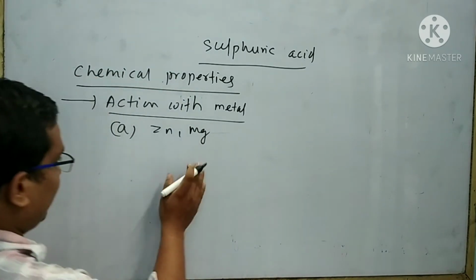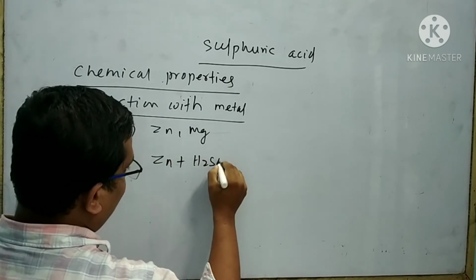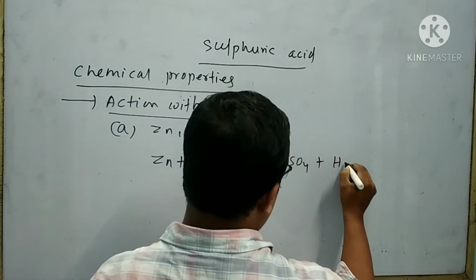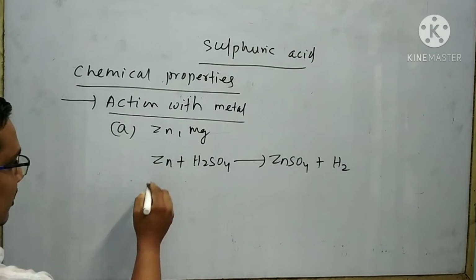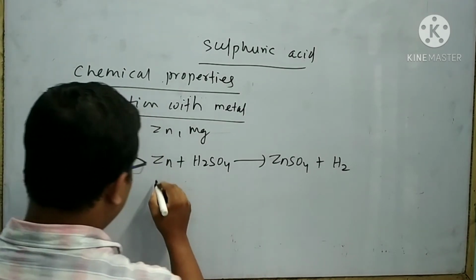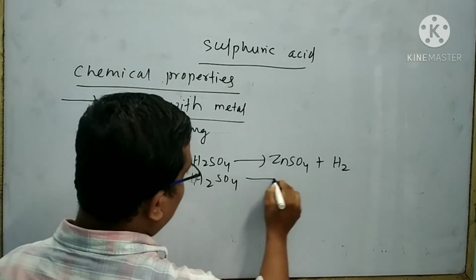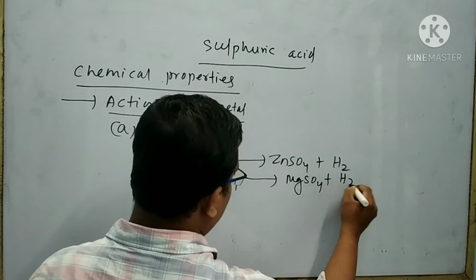We can write a reaction like this: Zn plus H2SO4 gives ZnSO4 plus hydrogen gas. Similarly, I can write a reaction for magnesium: Mg plus H2SO4 gives MgSO4 plus hydrogen.